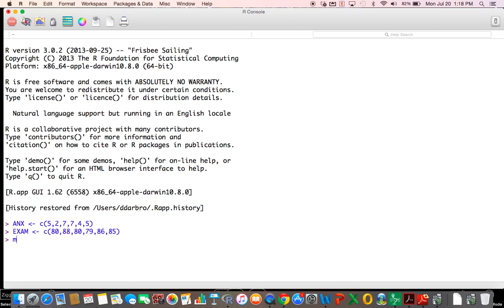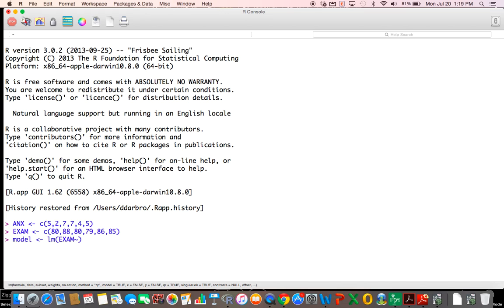What I'll do now is I'll create my model, and the function that you use in R is called LM, linear model. I want my Y to come first, then I use my tilde. Guys, your tilde is way up in the upper left-hand part of your keyboard. It's to the left of the 1 key, and it's a second function.